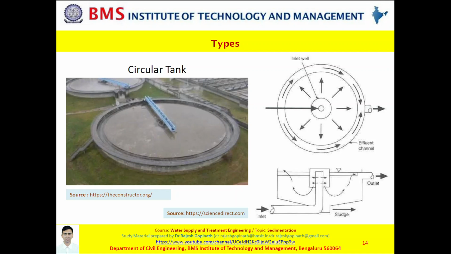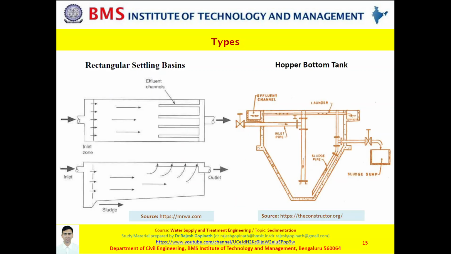Now let's move on to slide 30, that is rectangular shaped sedimentation tanks. Now these are the most preferred type of sedimentation tanks and hence widely employed. Usually the flow takes place in a horizontal direction, that is lengthwise, that is the water flows along the length. Here sometimes baffle walls are also provided to prevent short circuiting.